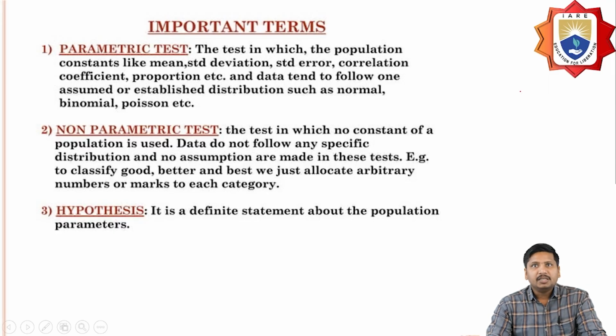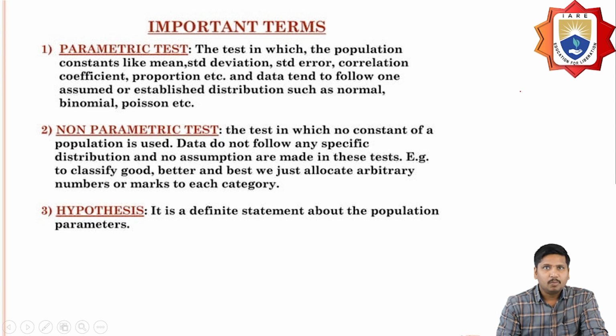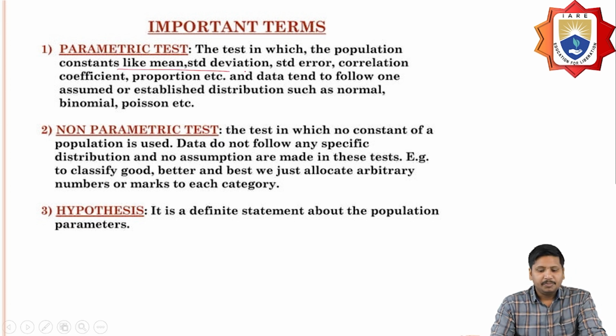So the very basic important terms that we would like to remember are the parametric test, the non-parametric test, and what the hypothesis should be. A parametric test is one in which population constants like mean, standard deviation, standard error, correlation coefficient, proportion, etc. are used, and the data tend to follow an assumed or established distribution such as normal, binomial, and Poisson.